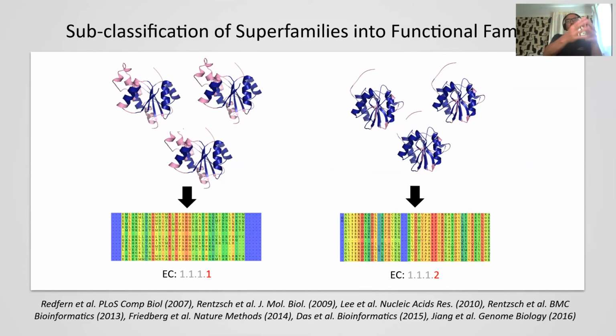So these will all catalyze a particular substrate, and you can see that they have a particular sequence pattern that highlights which positions are highly conserved and control that particular enzyme function. The 3 domains on the right-hand side, despite being in the same superfamily, might have slightly different changes to the structure. They essentially do a very similar function, but on a different substrate, hence the EC classification 1.1.1.2. And those slight changes in the substrate will make changes to the sequence and the conservation patterns of those sequences. That's essentially going from the superfamily level down to individual functional families, or FunFams.